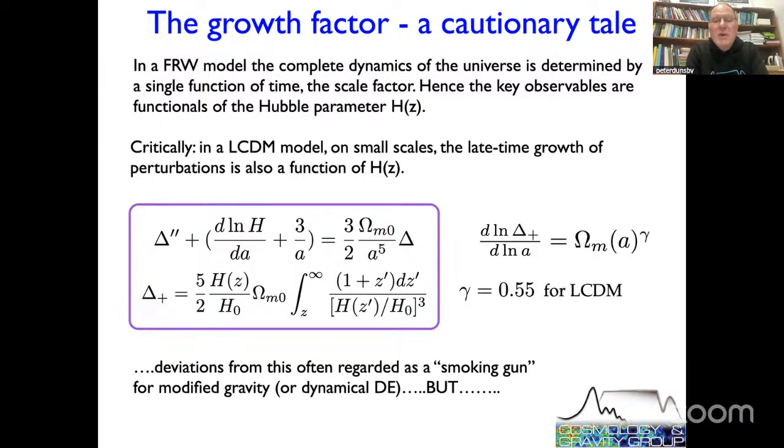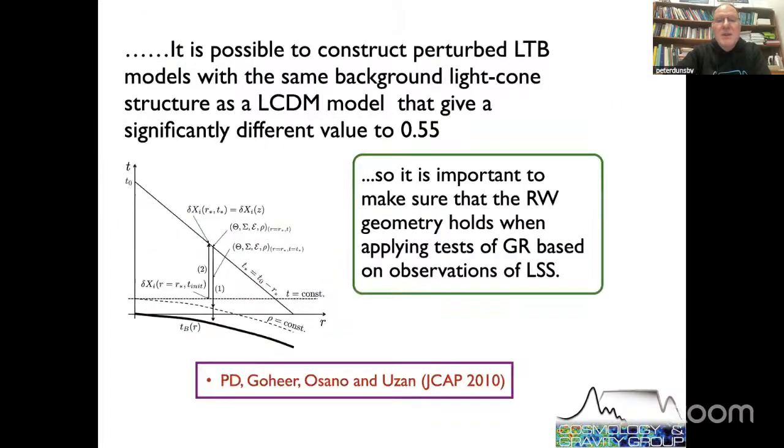When gamma is 0.55, then you have a lambda CDM model. But the claim is that if you measure gamma to be different from 0.55, that implies that the universe either has a dynamical dark energy component or you have modified gravity. And what we showed a number of years ago was that this is not strictly true.